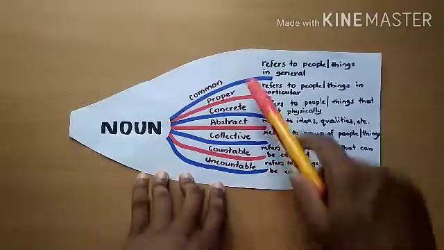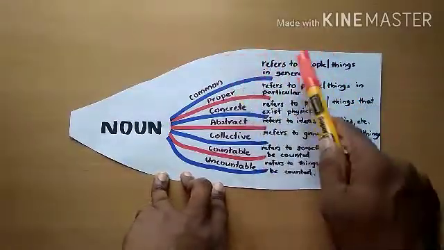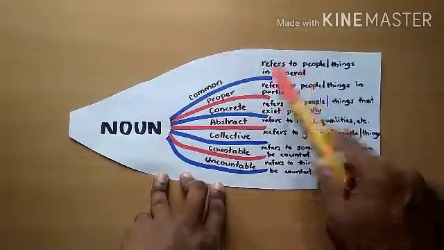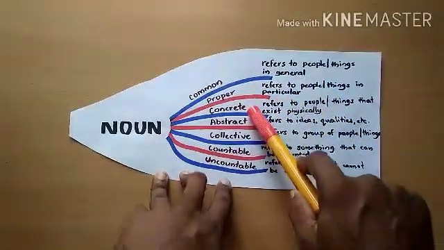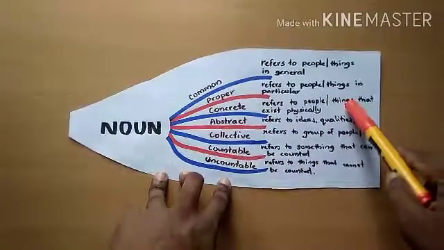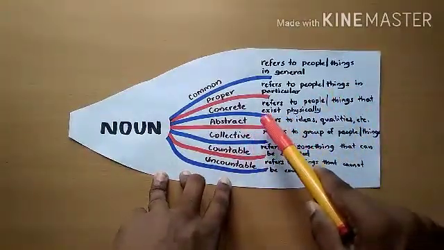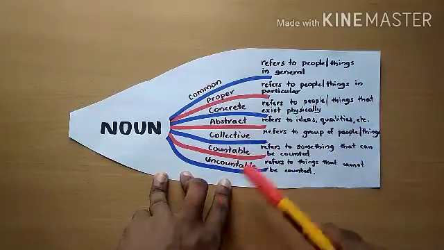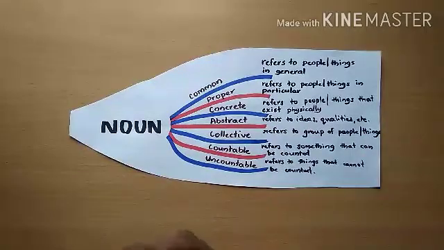So we have a common noun, which refers to people or things in general. Proper nouns refer to particular ones. Concrete nouns can be experienced physically. Then abstract nouns cannot be experienced physically, and they only refer to ideas. And we have collective nouns that refer to groups of people or things.